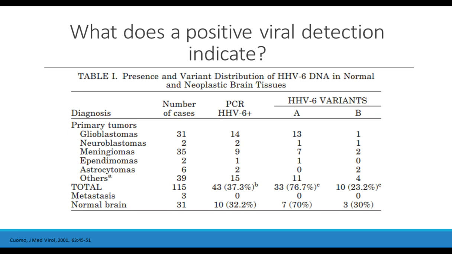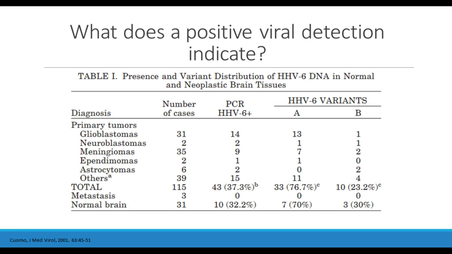If we think about common viruses, something like HHV6, what does a positive detection of HHV6 really mean? I think the answer is we don't really know. So in this study from 2001, a number of years ago, it looked at the presence of HHV6 in normal and neoplastic brain tissue.